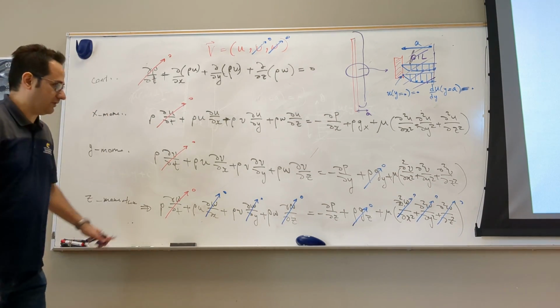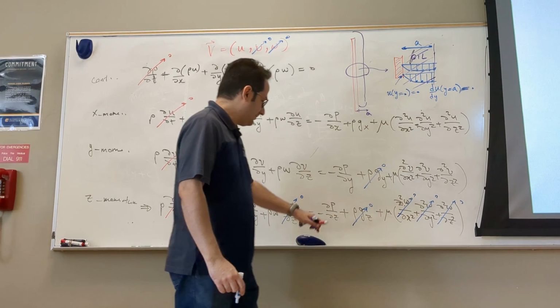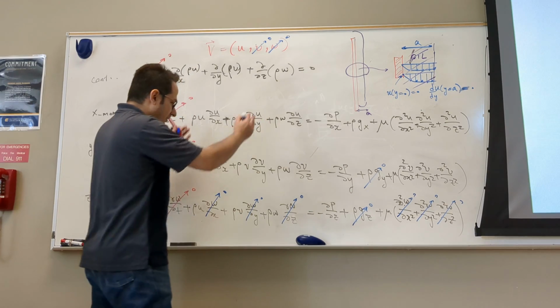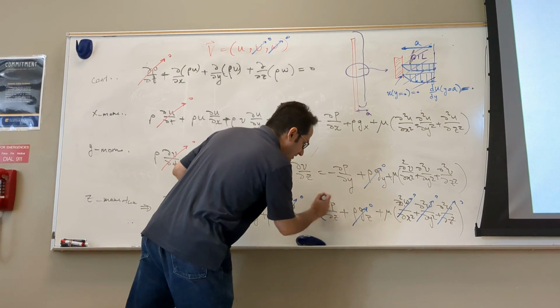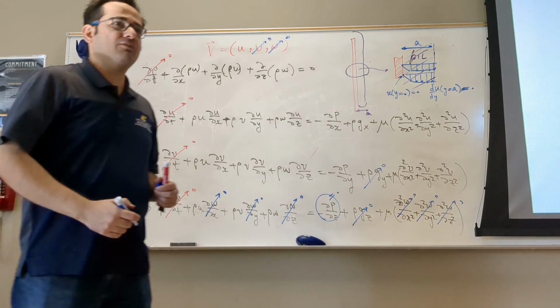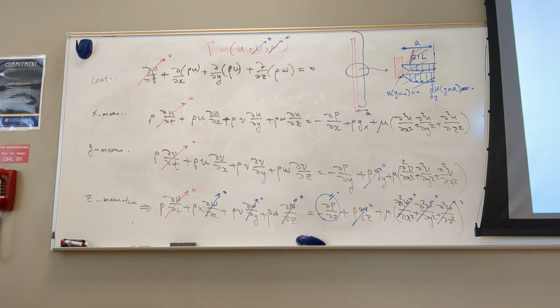That's very interesting. So this equation is like everything is zero except the pressure gradient. So look, the Navier-Stokes equation tells you the pressure gradient must be zero in order for this equation to be satisfied. So let's see what the physical meaning of that is. It says the difference in pressure in this direction is zero. Is that right?